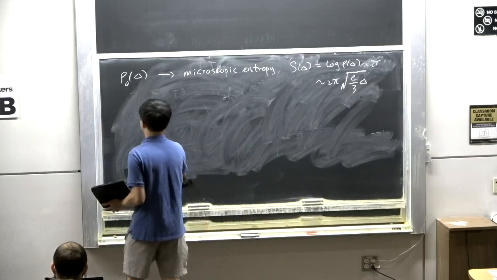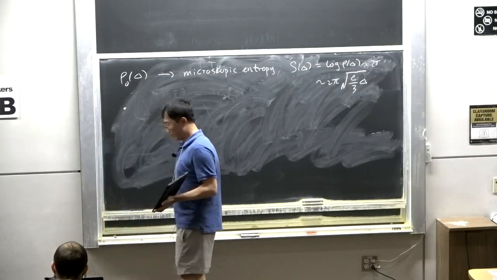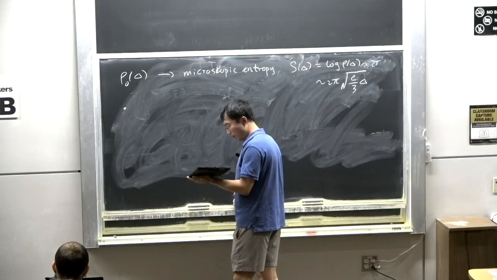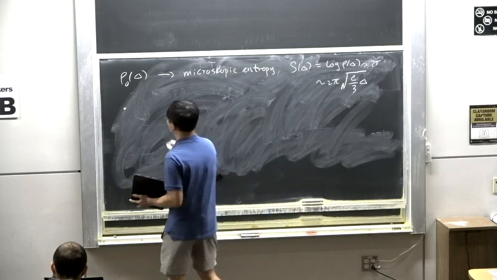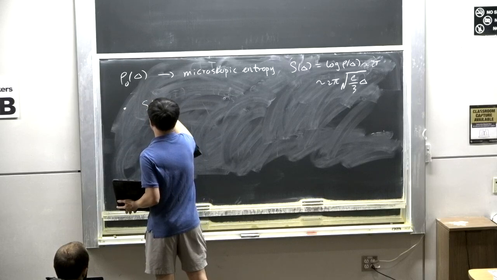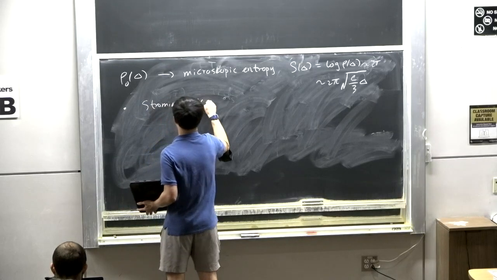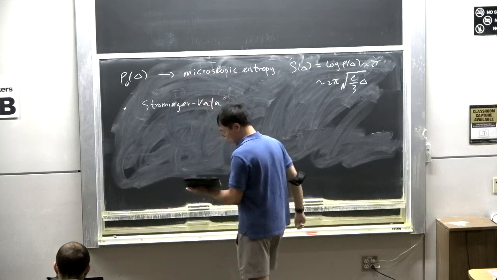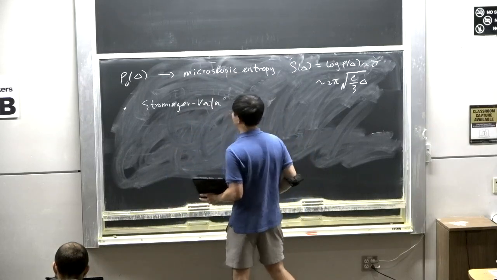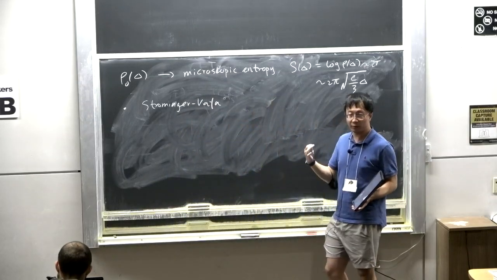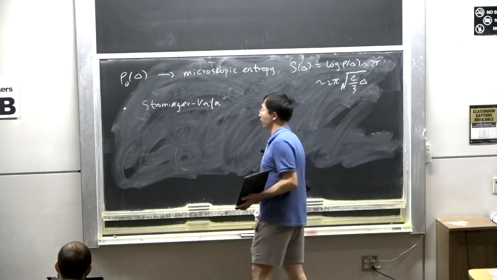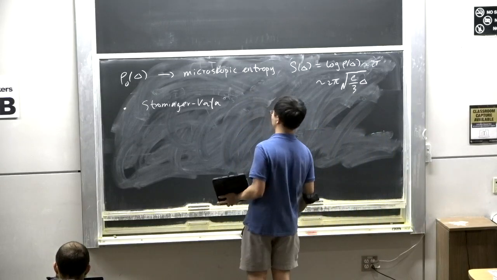There are many important consequences. Out of the many, one thing that you probably all know is that it enables the famous calculation of Strominger and Vafa that reproduces the Bekenstein-Hawking formula for the 5-dimensional supersymmetric black hole by microstate counting.